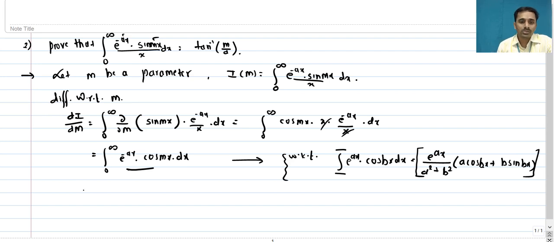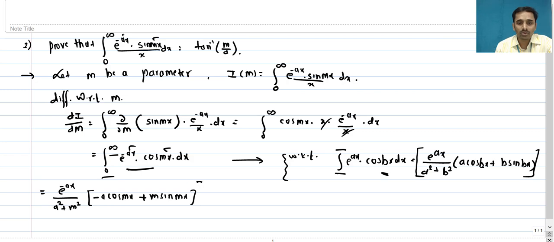Let's use this formula here. Here the value of a is minus a and the value of b is nothing but m. So filling in this formula, it is e raised to minus ax upon minus a square, which is plus a square, and b square would be m square. Then we have minus a cos mx plus m sin mx. This is our definite integral. So to the whole quantity we apply limits 0 to infinity.